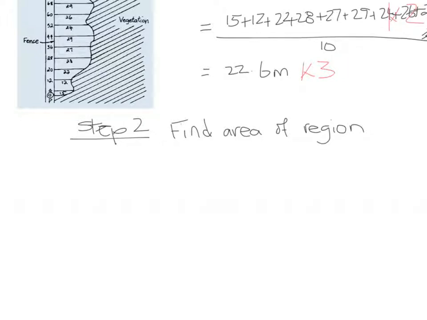And so to find the region, I just use my rule now. Area of region is approximately equal to, because again, it doesn't give us an exact area, but it gives us a pretty good indication, the length of the survey line multiplied by the average of the mid-ordinate lengths.